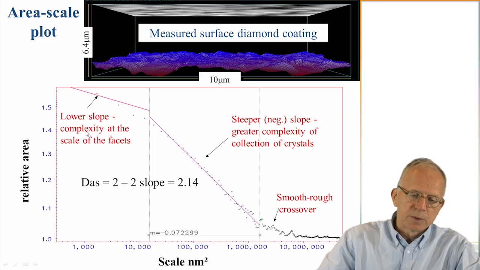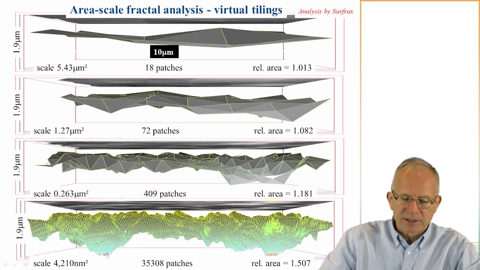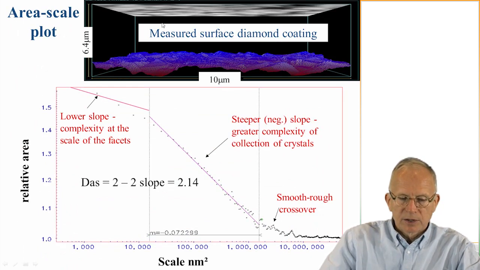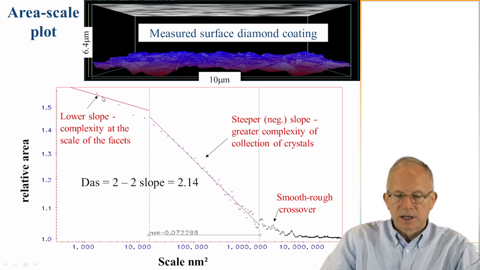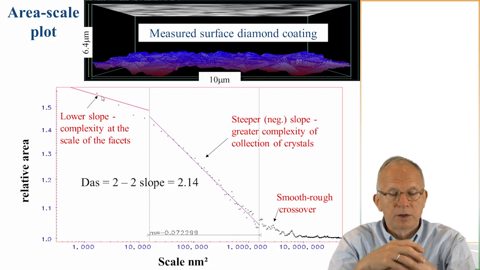Then we get down to a much finer scale where we're essentially putting the tiles on the crystal facets. That's down here, starting around 4,000 or so square nanometers. If we look at where this is starting, there's 1,000 square nanometers, so somewhere around 4,000 or so, this is leveling off, and the tiles are just seeing very smooth facets.